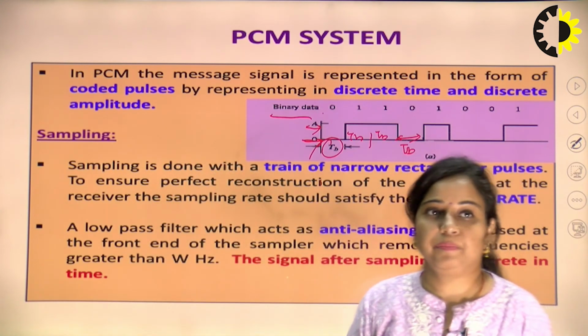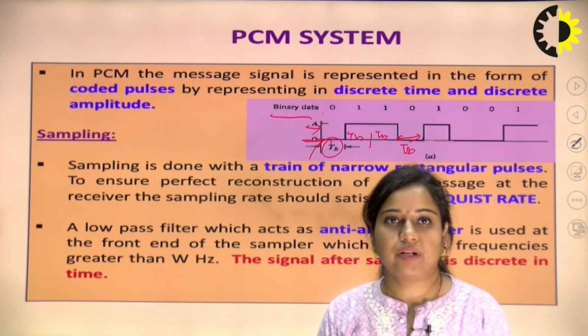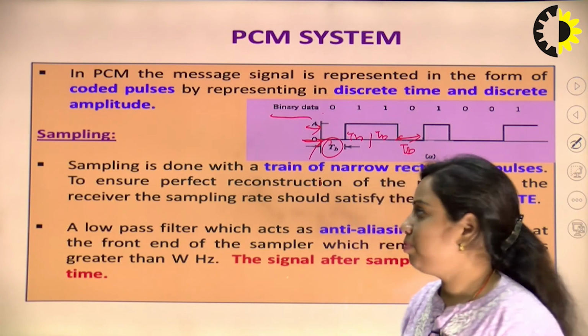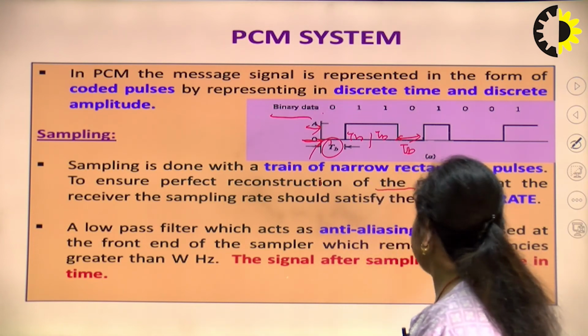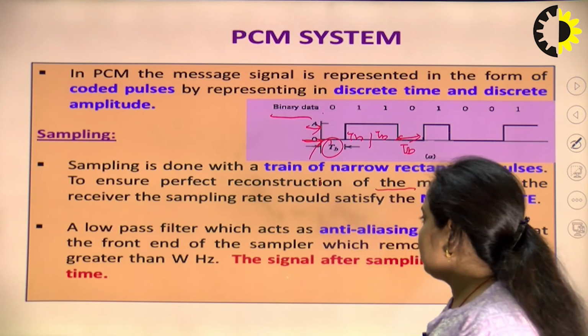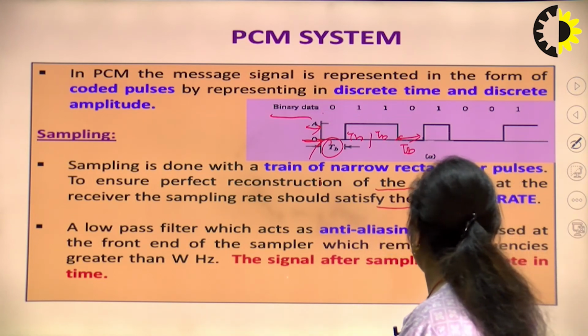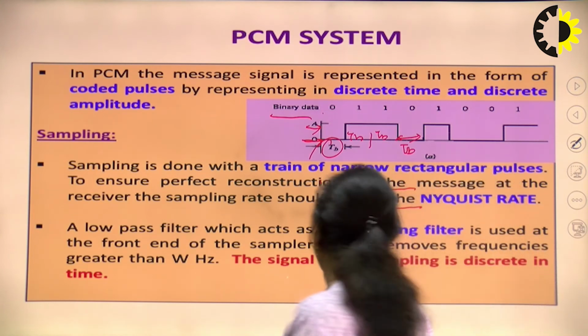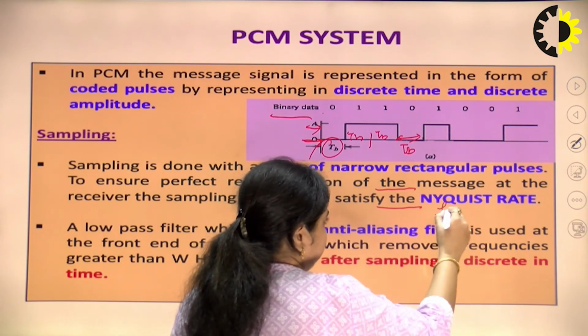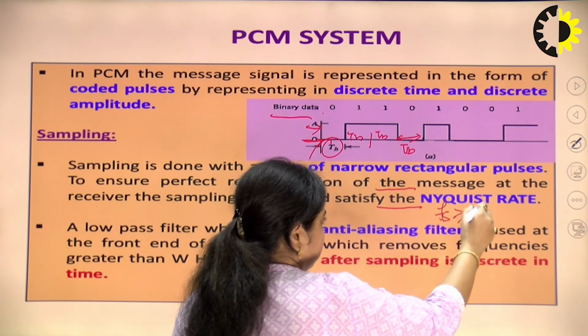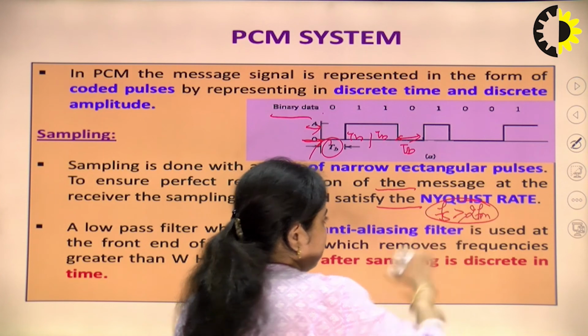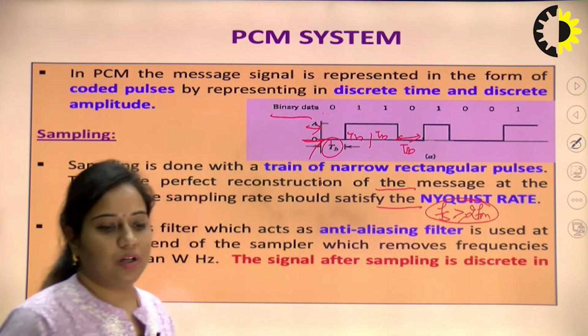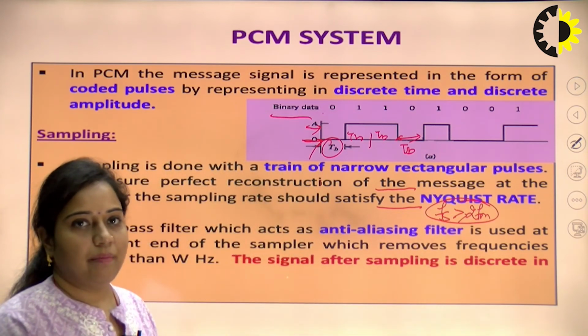Sampling is done with a train of narrow rectangular pulses to ensure perfect reconstruction of the message at the receiver. The sampling rate should satisfy the Nyquist rate also. So, what is the Nyquist rate? Nyquist rate means the sampling frequency should always be greater than or equal to 2 fm, where fm is the maximum frequency component present in the message signal.